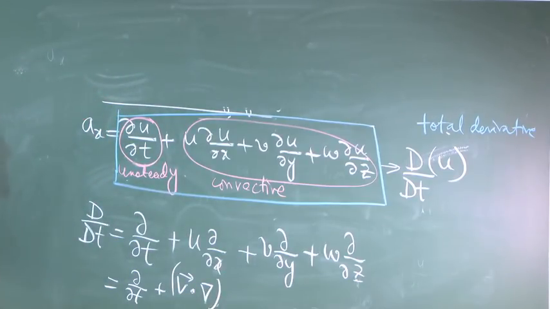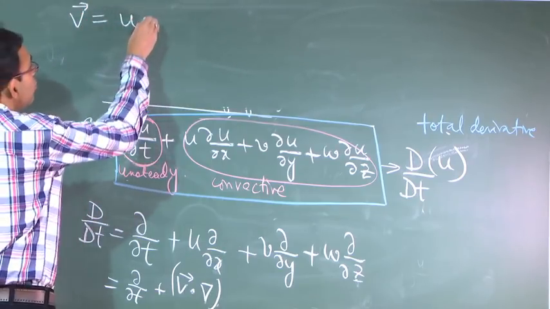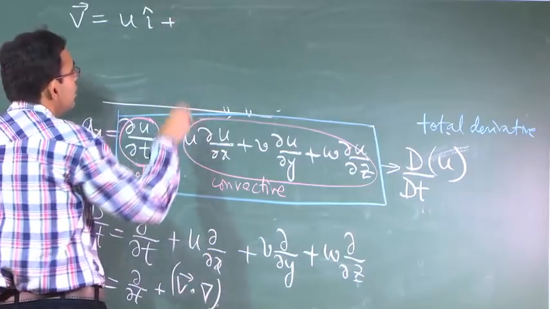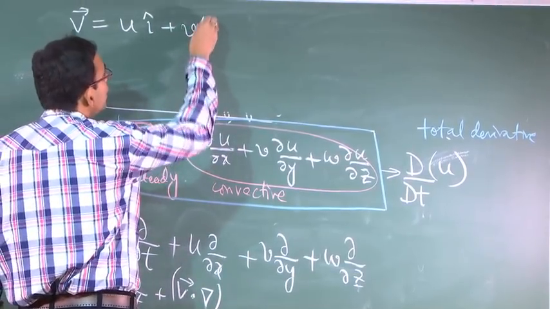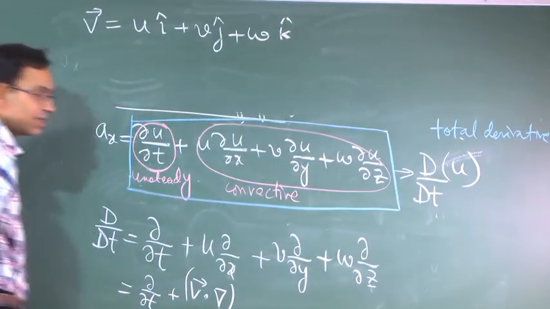So, how is it there? See, for the velocity, let us say the unit vector along x is i, the unit vector along y is j, and the unit vector along z is k.